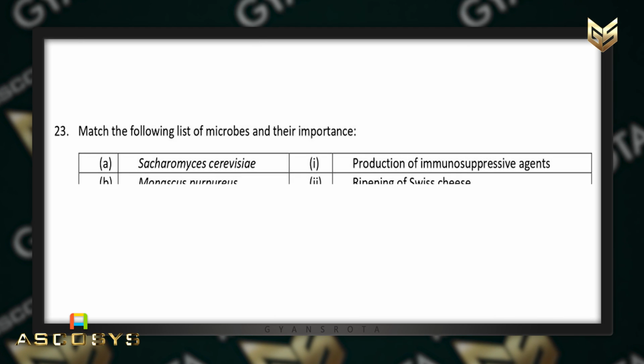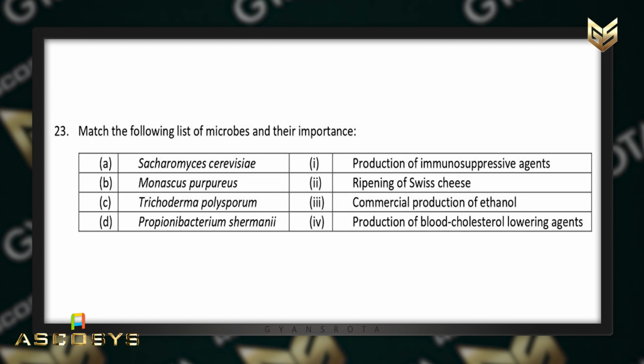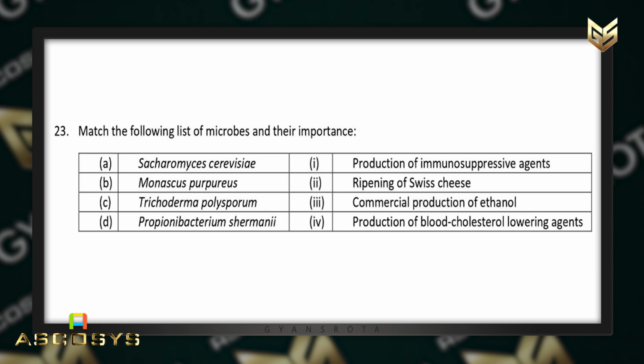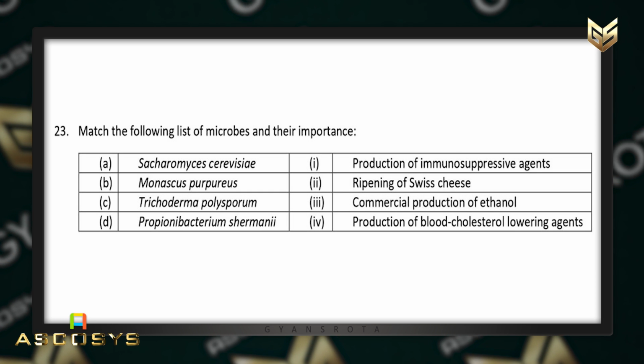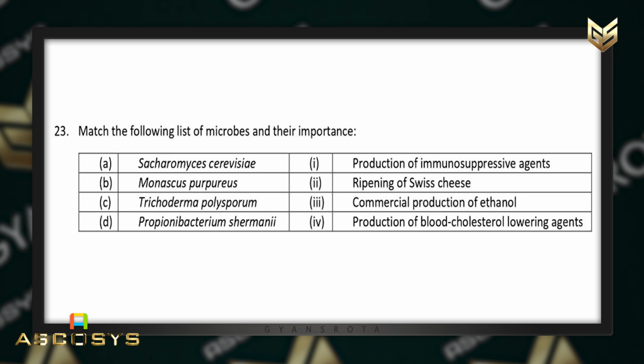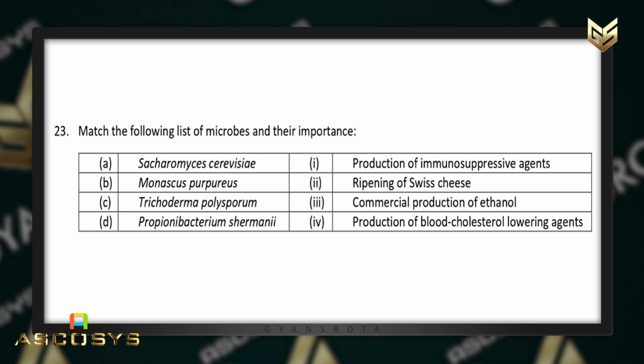Match the following list of microbes and their importance. In the first column, the types of microbes are given along with their scientific names, like first one is Saccharomyces cerevisiae, then Monascus purpureus, then third is Trichoderma polysporum, and the fourth is Propionibacterium shermanii.